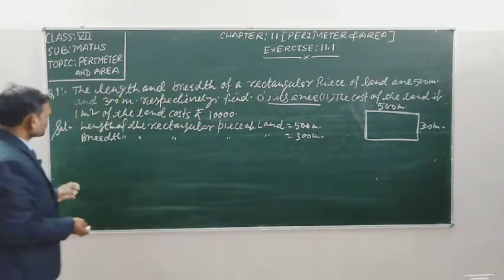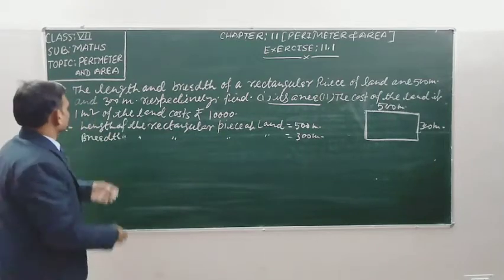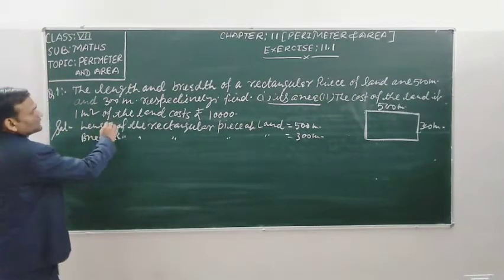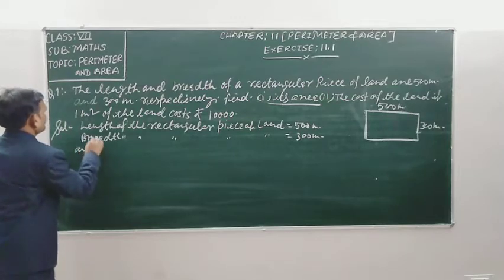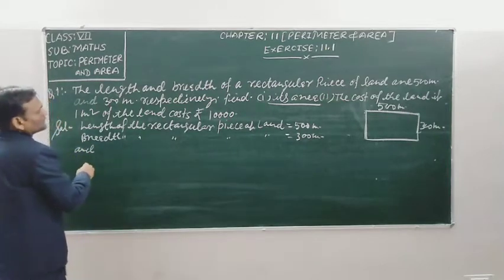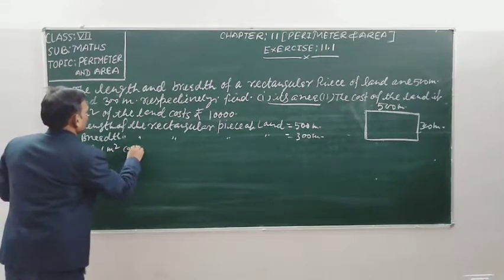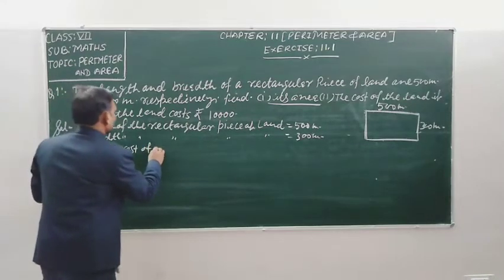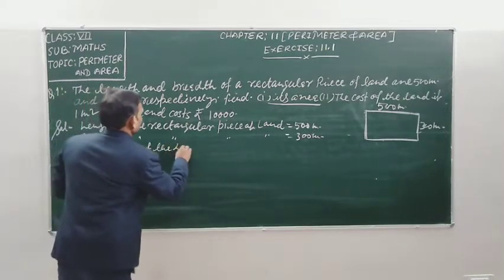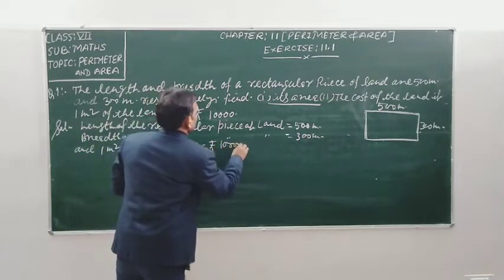And the rate is also given. Rate: cost of 1 meter square of the land is equal to rupees 10,000.